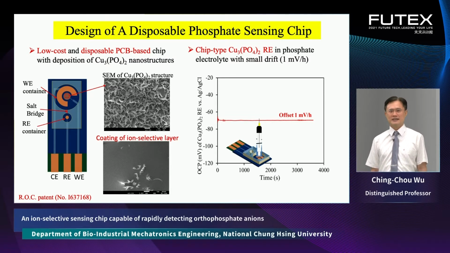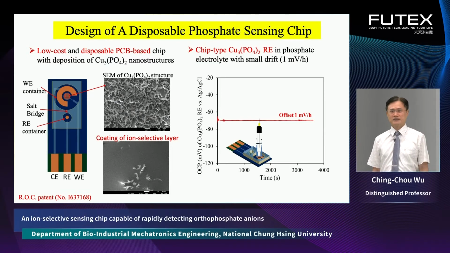And we design this chip like this. We have the working container and the reference container, and use a salt bridge to connect the two containers. And then we use an external silver chloride electrode to demonstrate the copper phosphate pseudo-reference electrode stability.